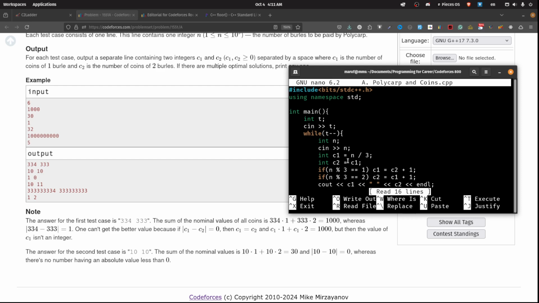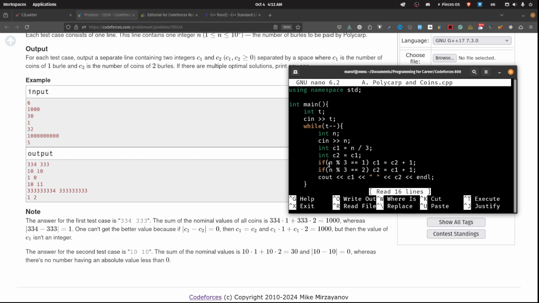Here I divide n by 3 and just copy both values as the same. And if I take n modulo 3 and the value is 1, then c1 is equal to c2 plus 1, and if the modulo result is 2, then c2 is equal to c1 plus 1, and finally we print c1 and c2.